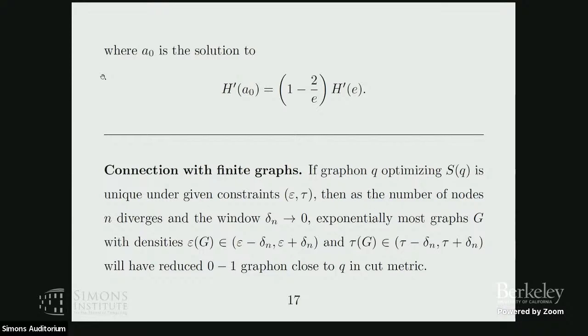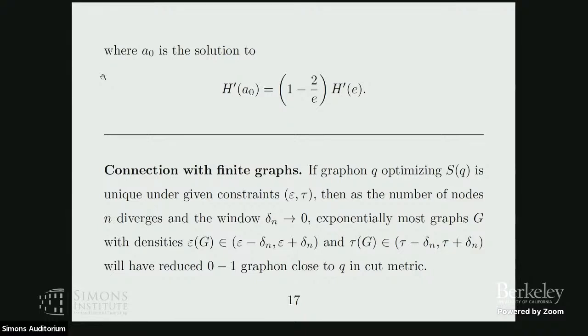But if it is unique for given values of the constraints epsilon tau inside the Razborov triangle, then as n, the number of nodes, diverges and the window goes to 0, you can prove exponentially most graphs with edge density and triangle density in that window will have a reduced 0-1 graphon.